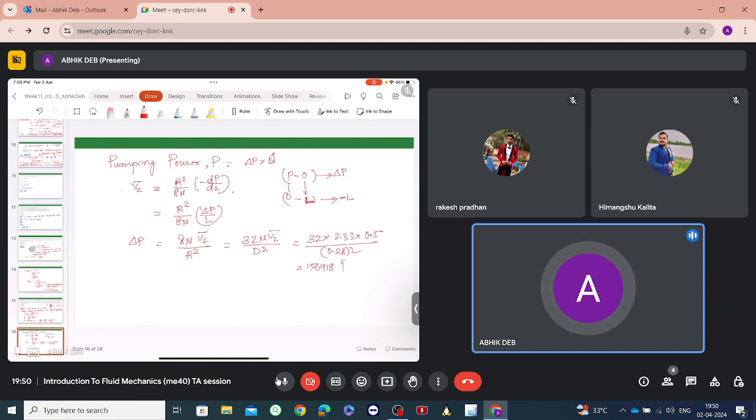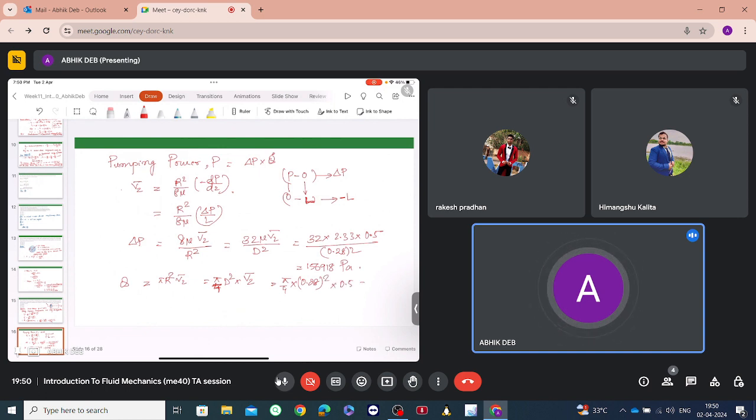156,918 Pascal. And this discharge Q is equal to pi r square into Vz average, or pi by 4 d square into Vz average. So this is pi by 4 into 0.28 whole square into 0.5.